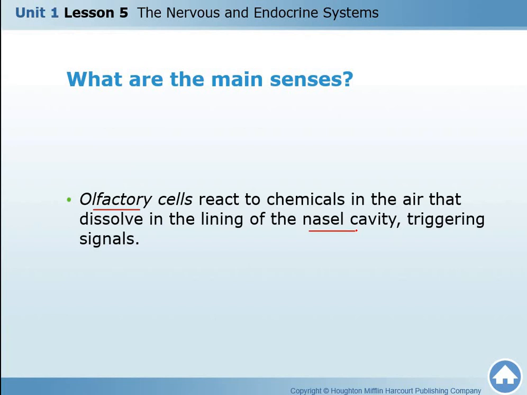These chemicals will be translated into impulses carried to the brain through the olfactory nerve, and then they will be interpreted or translated into a certain smell or a certain taste. That's why the taste and smell sensations are connected together, because they are translated through the same kind of nerve cells.